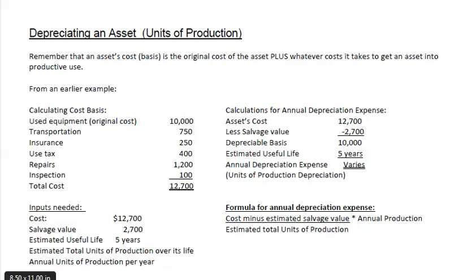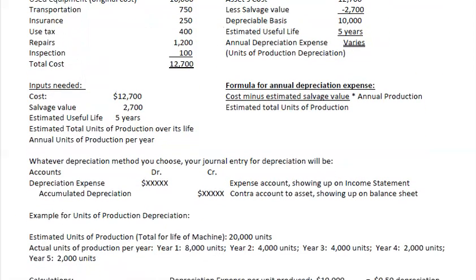In this case, let's say it's a manufacturing machine. We have to estimate, we let our production people or the manufacturer or somebody give us an idea. Hey, with routine maintenance, how many units can this machine, how many widgets can it produce? And we're going to keep it simple.